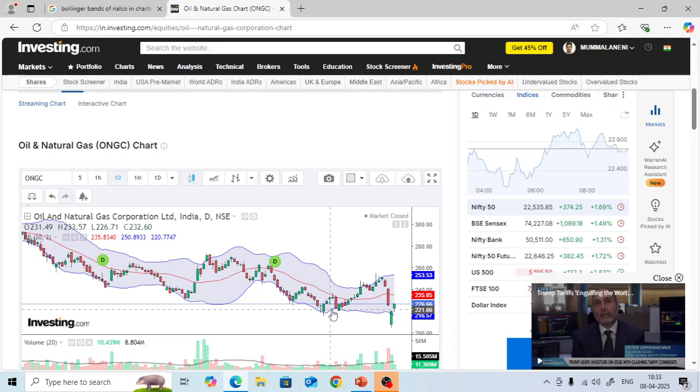These bands dynamically expand and contract based on the volatility of the price. Bollinger bands are a popular technical analysis tool used by traders to measure market volatility and to identify potential overbought or oversold conditions.